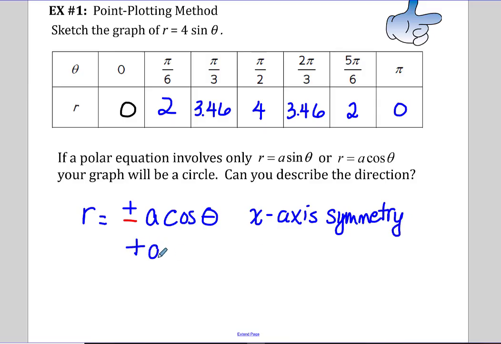And if it's a positive a, it's going to lean to the right, or the circle will go to the right. If we have a negative a, our circle will be on the left of the x-axis.